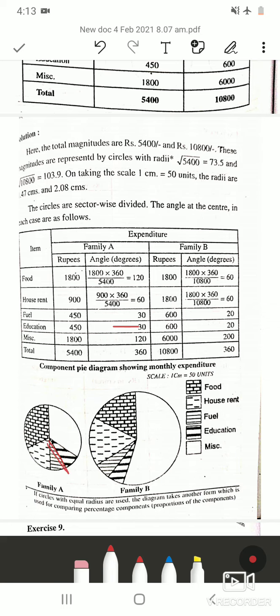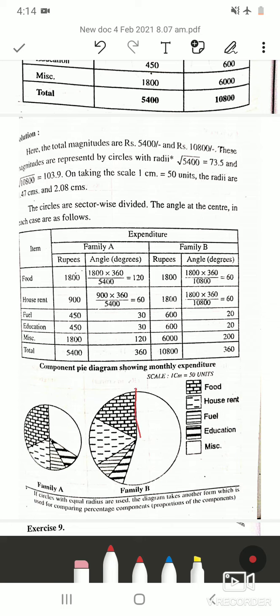Mark 30 again, and then the remaining will be the last component. Shade them and write the shading in the index.